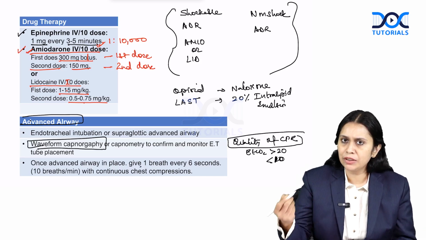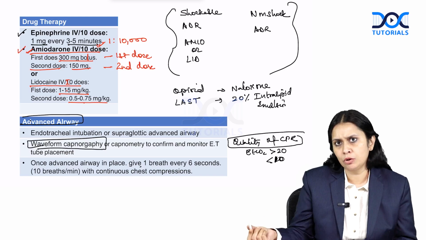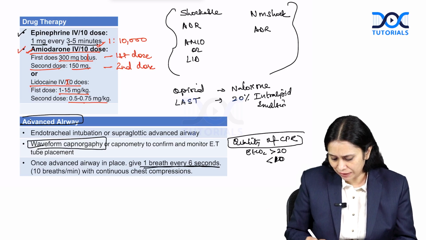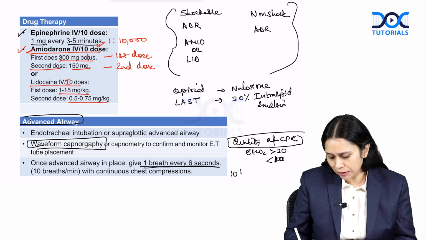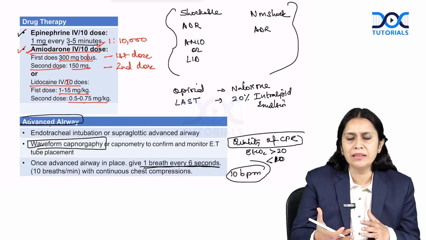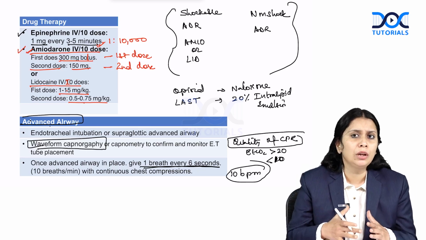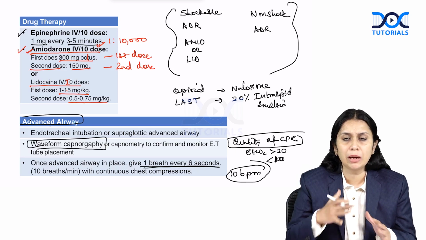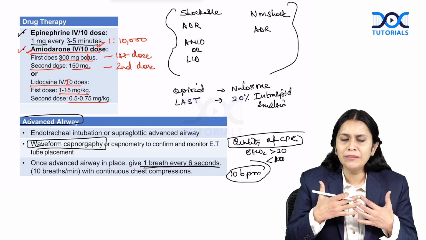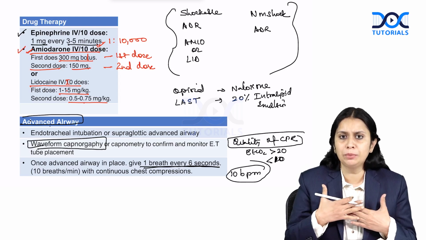Then once we have secured an ETT or a supraglottic airway device, we should give 1 breath every 6 seconds. That is 10 breaths in a minute for an adult. Now, once the advanced airway is there, the 30:2 compression and ventilation ratio is not required, because when you are giving 2 ventilations, you have to stop the compression at that point of time.